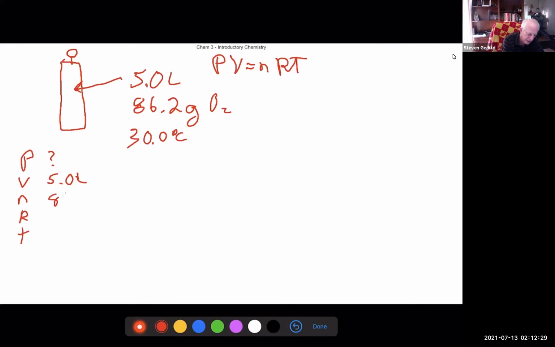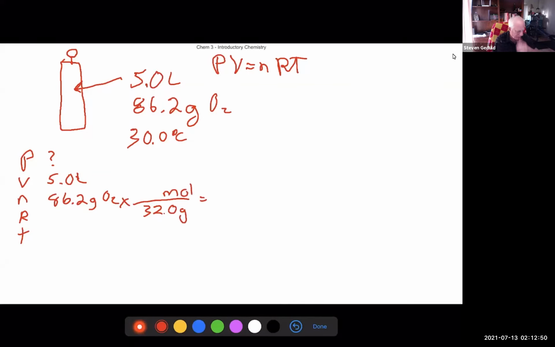We've got 86.2 grams of oxygen. And oxygen, look on the periodic table, there's 2 oxygens, so 16 plus 16 is 32 grams per mole.